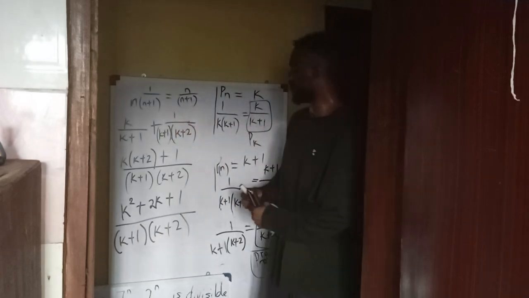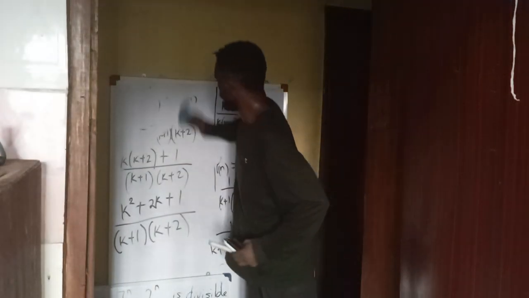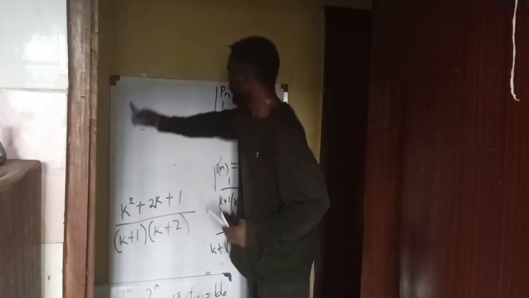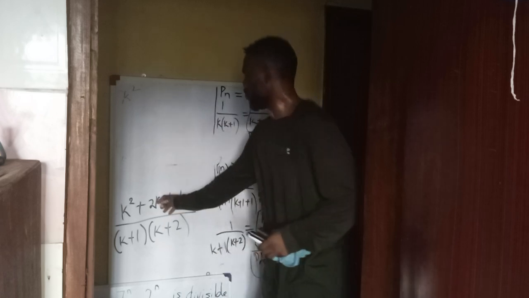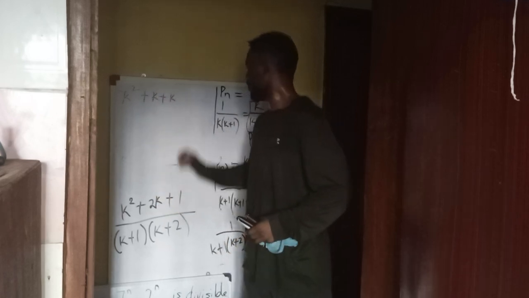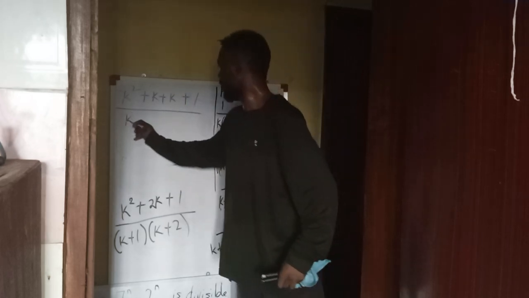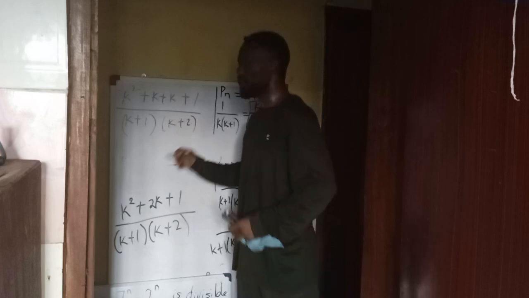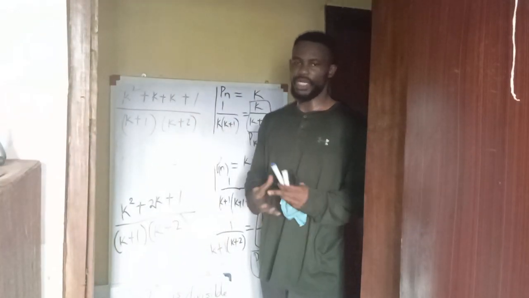Alright, I want to clean this part so we can continue. So I have, this is going to give me k squared. Let me write it. 2k is the same thing as saying plus k, then plus 1 all over k plus 1, k plus 2. It is mathematical induction that tests how much you know algebra and indices.